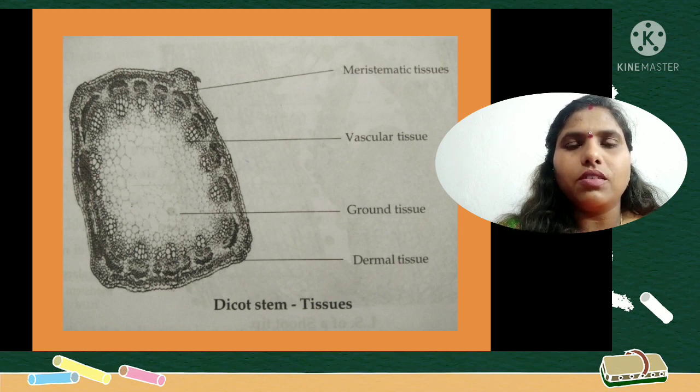Vascular bundles are the transportation tissue, helping transport water and food from one part to another in plants, and this tissue is called vascular tissue.